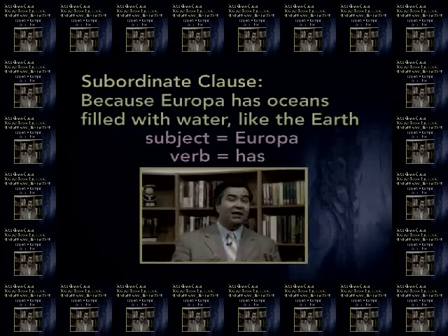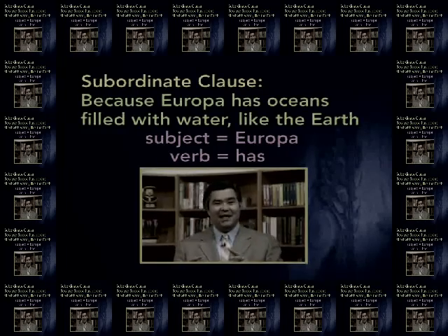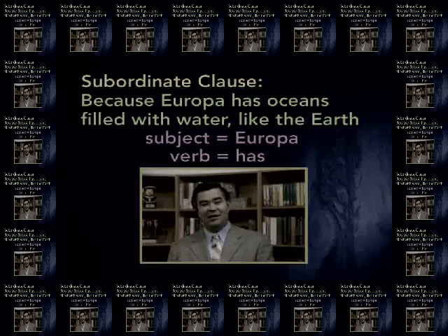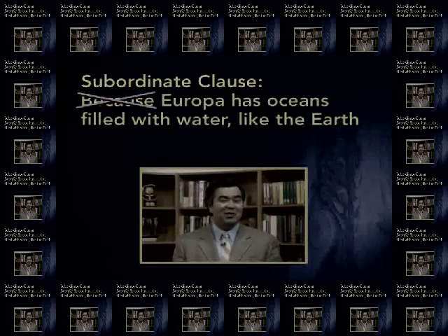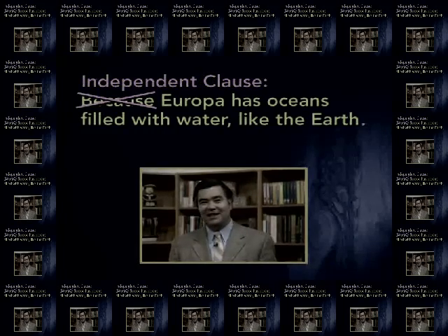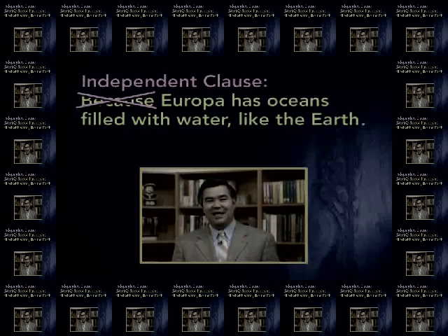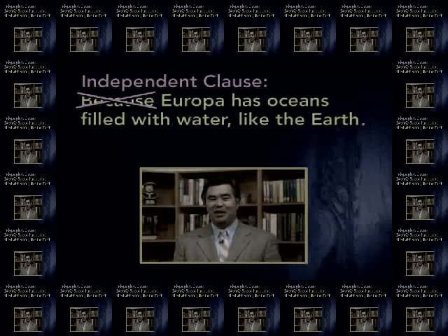Notice that having the subordinating conjunction "because" there makes this into a subordinate clause. If you were to take away that subordinating conjunction, the sentence would become an independent clause. It could stand alone as a sentence. The sentence would then say, Europa has oceans filled with water like the earth. Now that sounds like a complete thought.